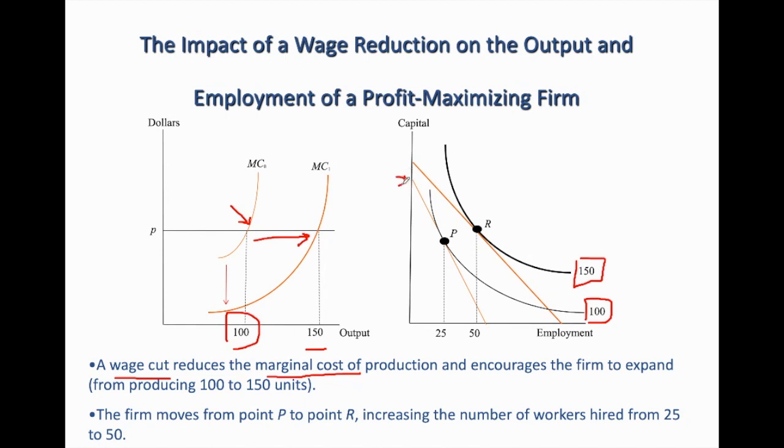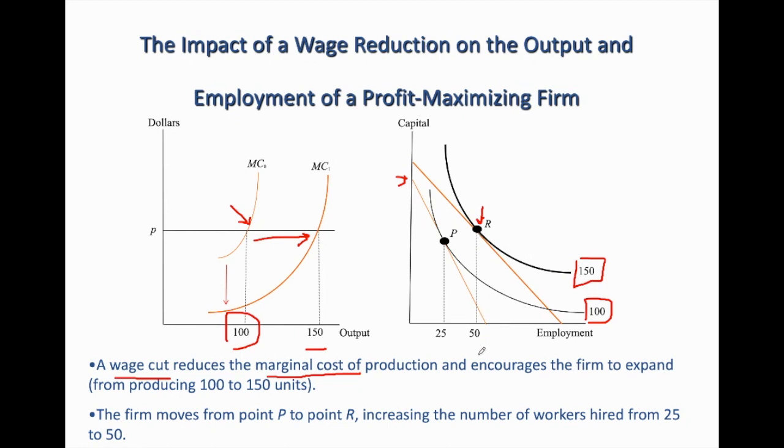No. We are redrawing the position of this new isocost as illustrated here. What it means is that we are no longer maintaining the same cost outlay as in the initial position. And given this new isocost, we get a new tangential point as indicated by point R here. So there is a change in the tangential point from point P to point R.